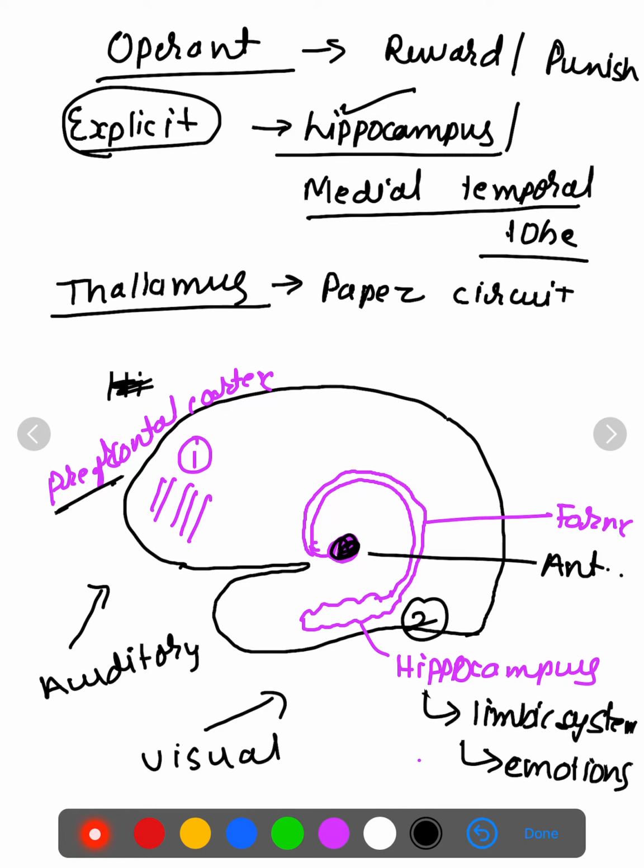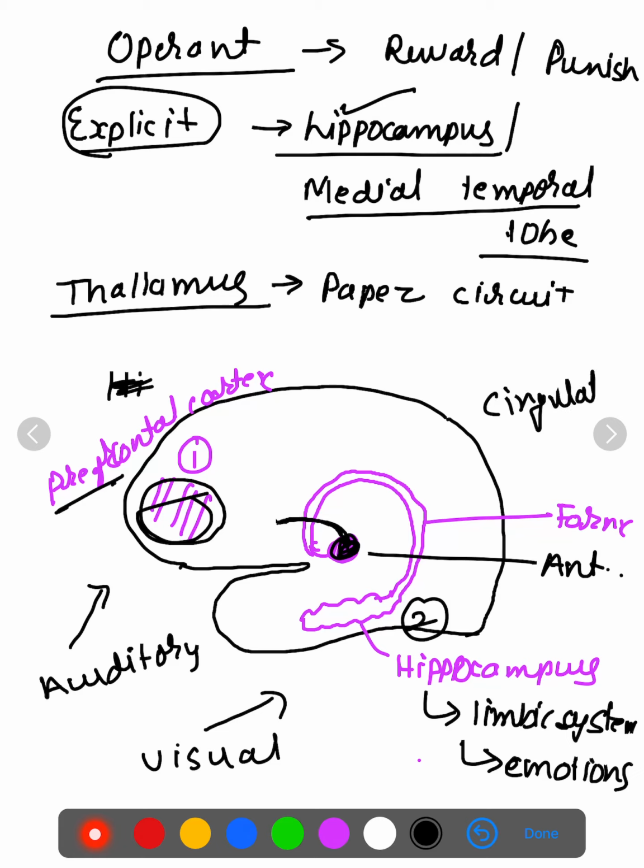So initial information has come to the prefrontal cortex, and from here it comes to the hippocampus. From the hippocampus it has gone to the thalamus. From the thalamus it goes to the cingulate gyrus.